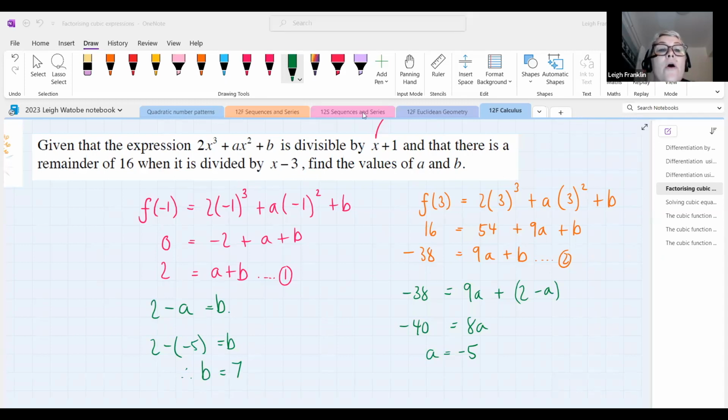Okay. Onwaba? You're welcome to go ahead. Hi, ma'am. Hi, Onwaba. My question is, I got the answers right, but in the exam, am I going to be wrong if I minus the one equation from the other instead of substituting? No, absolutely.